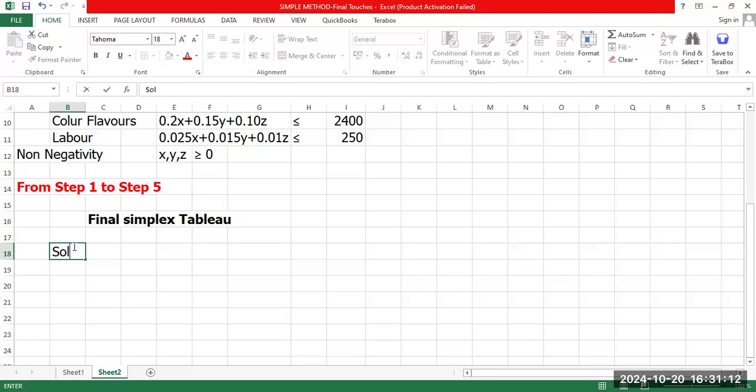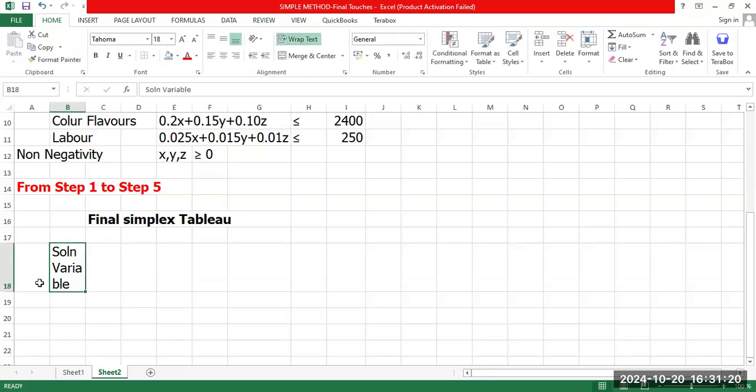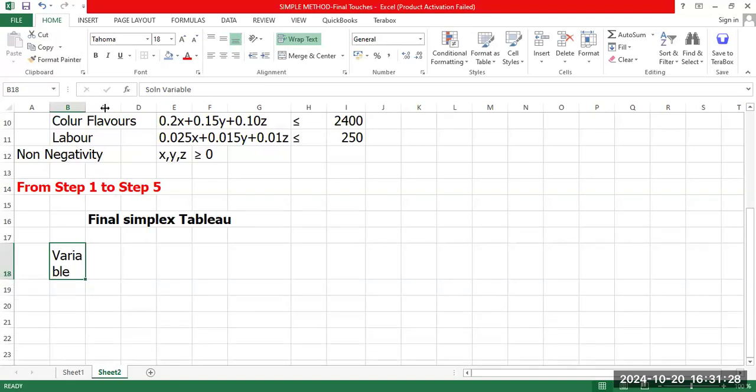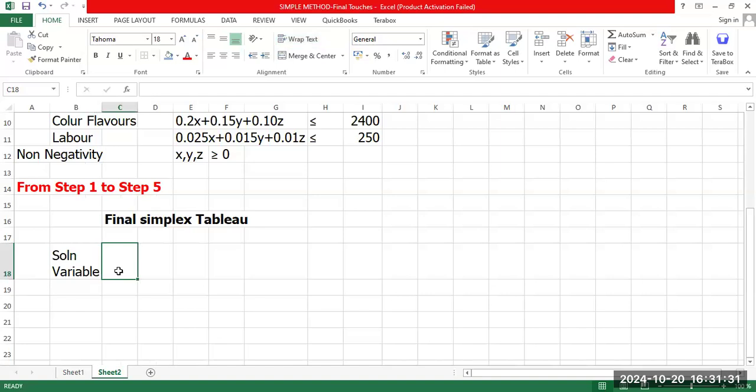This is the solution variable. Then this is the product variables. How many do you have in this question?